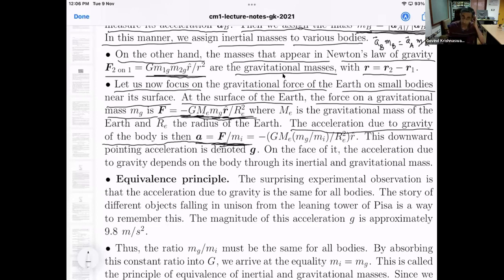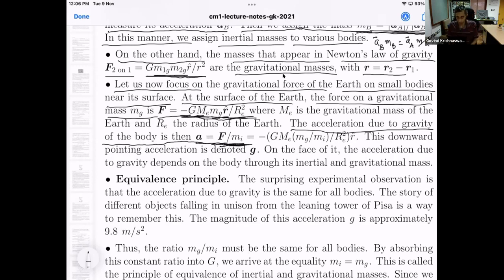So the acceleration due to gravity of this bottle is the acceleration it experiences due to the force of gravity. But in that formula appears the inertial mass of the body because we are using Newton's second law.